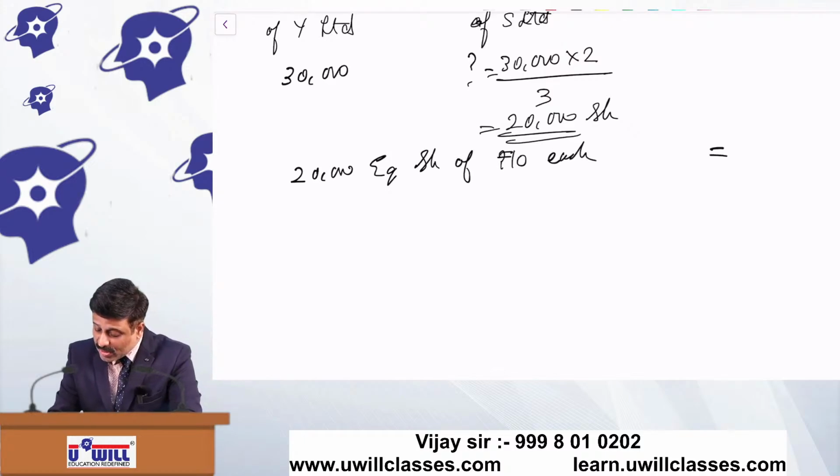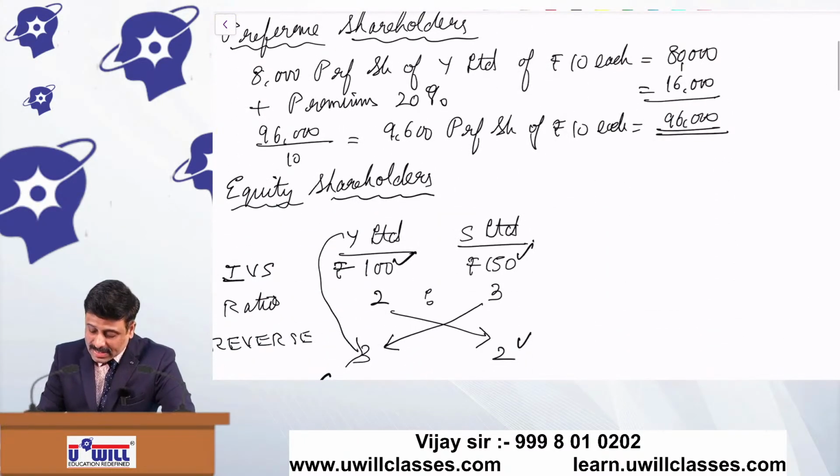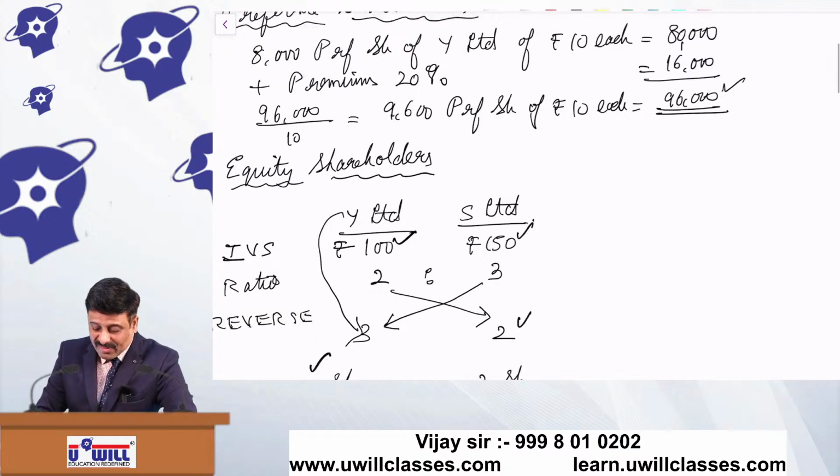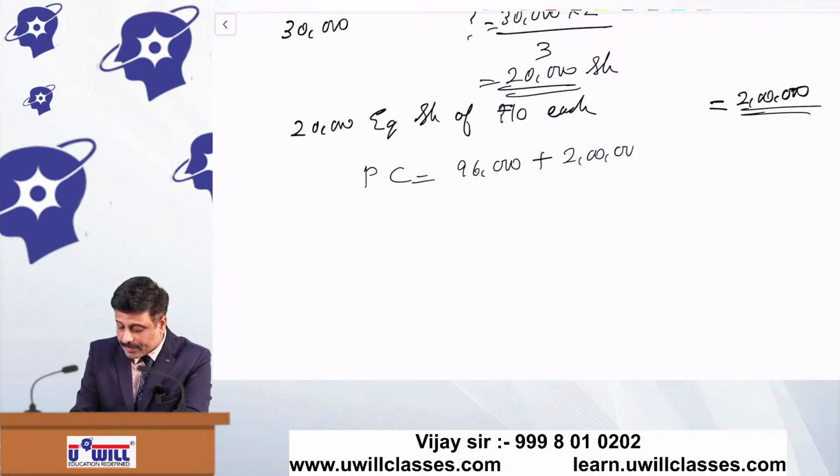Means in terms of fully paid value, it will be given 2 lakh. Now 2 lakhs will be given in the form of equity shares. 96,000 will be given to preference shareholders. So what will be the amount of purchase consideration? 96,000 plus 2 lakhs. The purchase consideration will be 2,96,000.